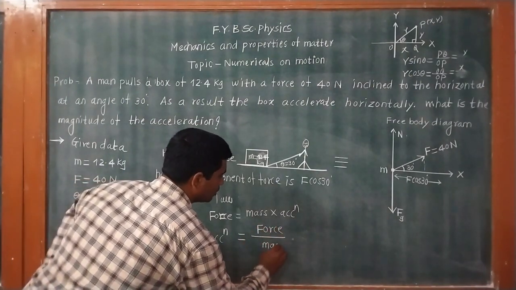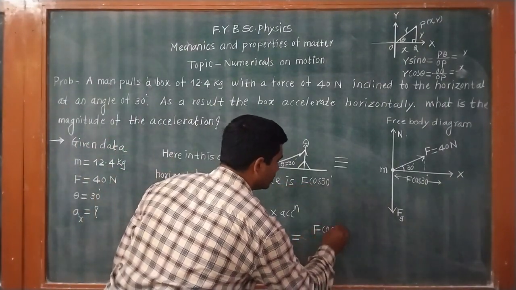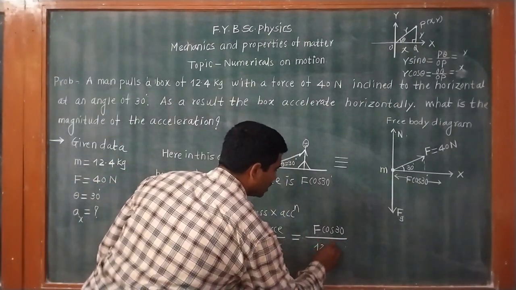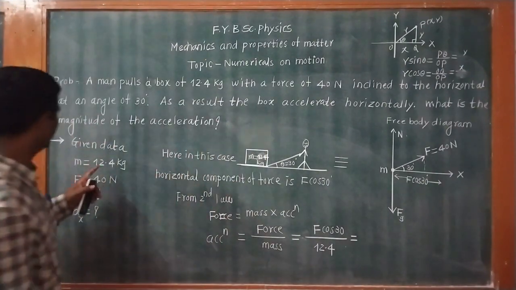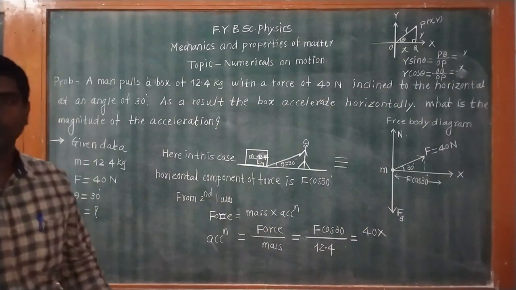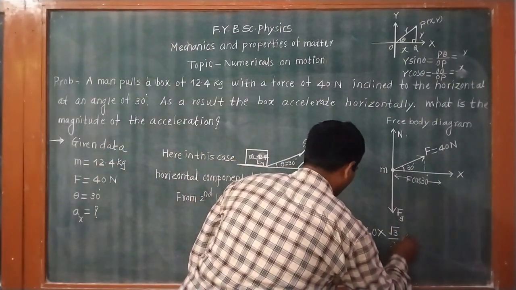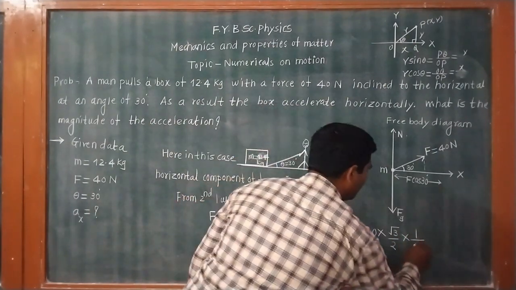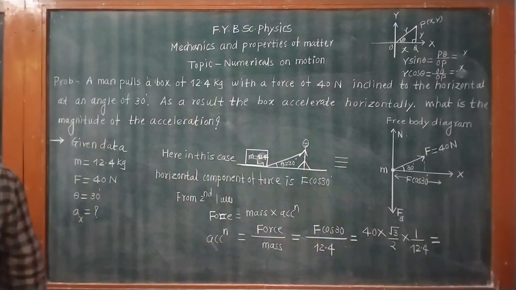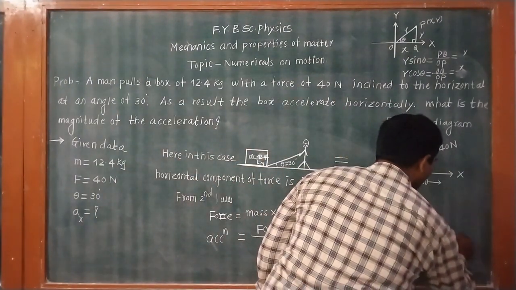The horizontal component of the force is F cos 30, divided by the mass, which is 12.4 kg. The value of force is 40 newtons, so it is 40 into cos 30, which is root 3 by 2, into 1 upon 12.4. If you simplify this on the calculator, you will get the final answer to be 2.79 meters per second square.